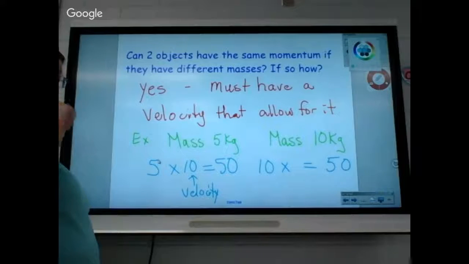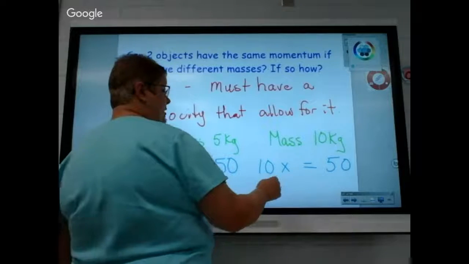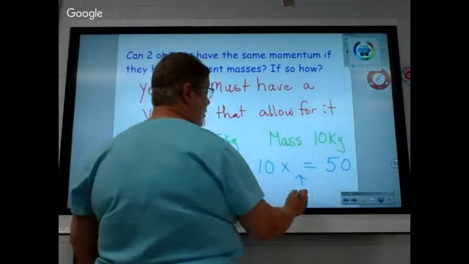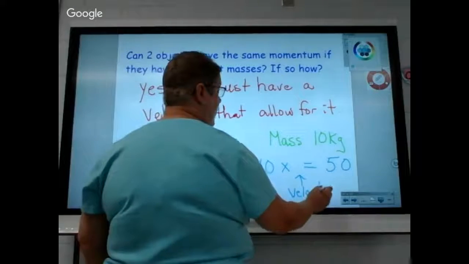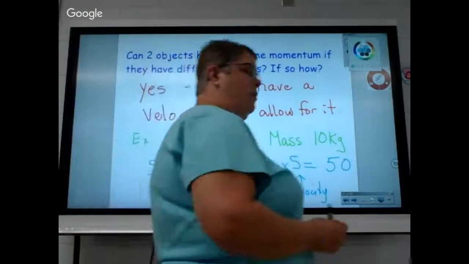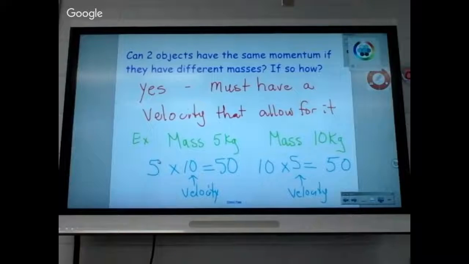On this one, if my mass is 10 kilograms, what would the velocity need to be here to give me a momentum of 50? 5. So it's very easy to get the same momentum even if the mass is different.